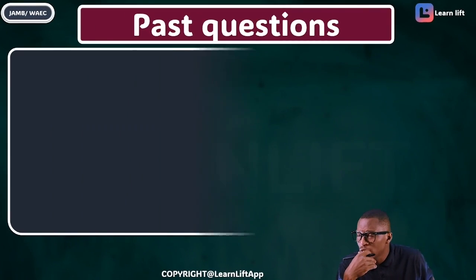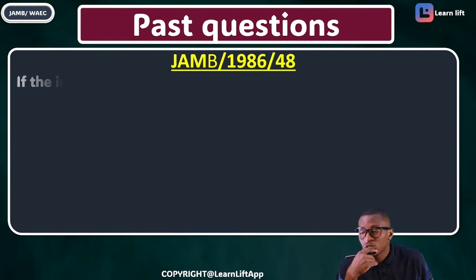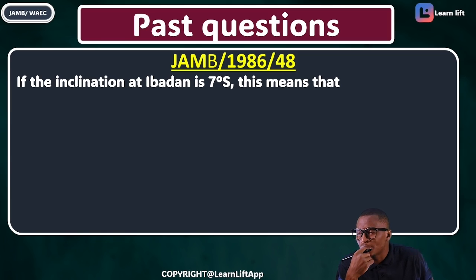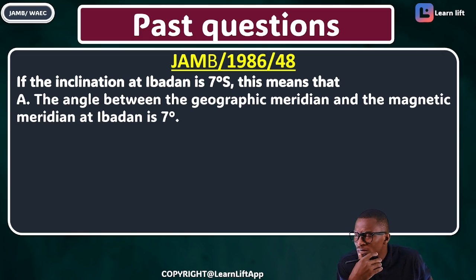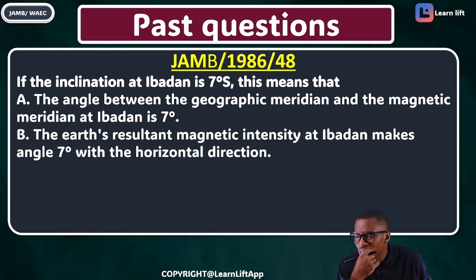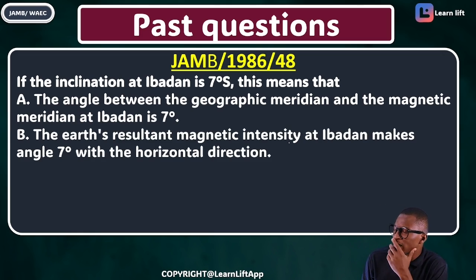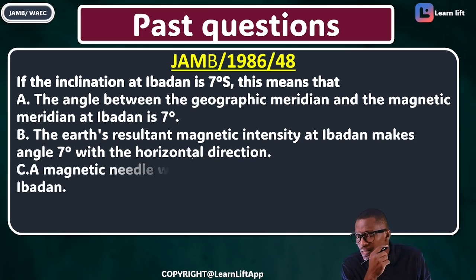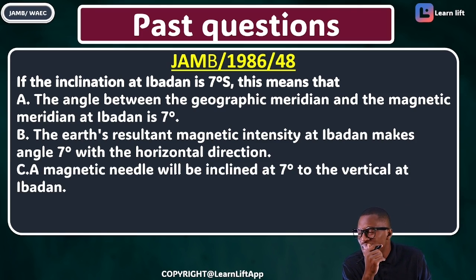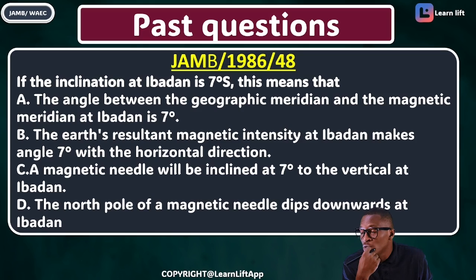Another past question. JAMB 1986 question 48. If the inclination at Ibadan is 7 degrees south, it means what? The angle of inclination is also called the angle of dip. Option A says the magnetic needle will be inclined 7 degrees to the vertical at Ibadan. Option D says the north pole of the magnetic field dips down at Ibadan.